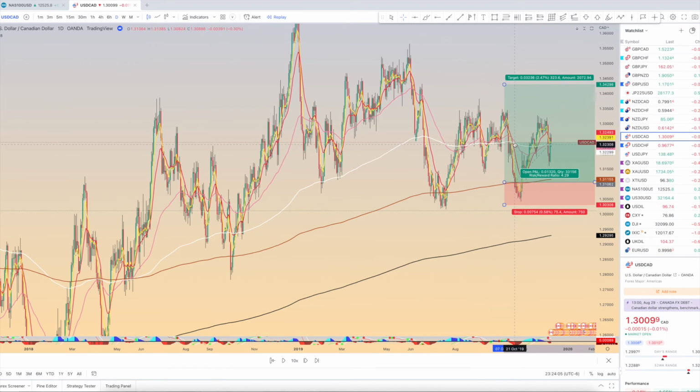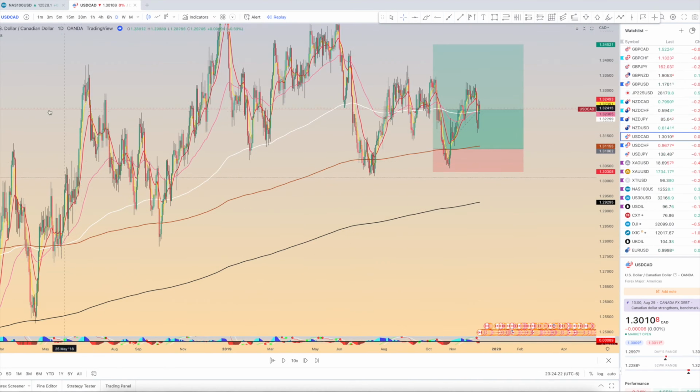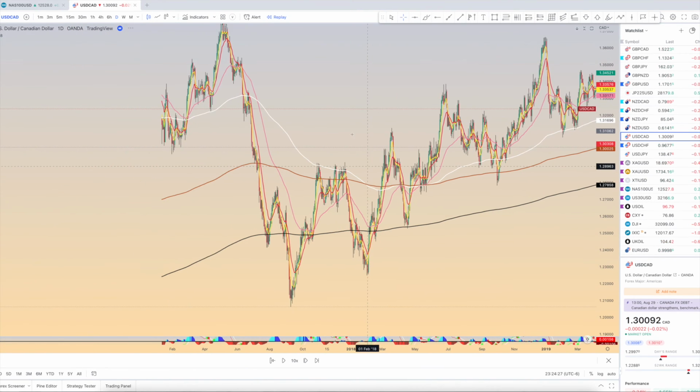Next time it touched the brown, looks like 75 pips is a safe range. Not saying that you're going to get a 3-to-1 TP out of that. Like this one barely hits even a 2.9. But good example to show that even EMAs can act as support or resistance. Okay, it doesn't necessarily have to be a straight horizontal line.